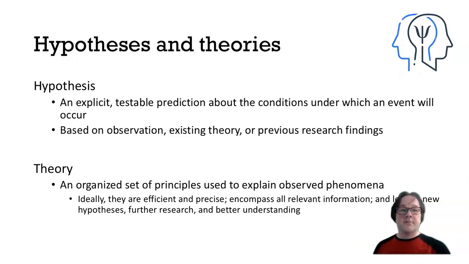So it's a testable prediction based on what you just see every single day, or what you see in terms of trends in the stock market or trends in public health figures or whatever it might be, some type of observation, or that might be based on existing theories, and again, on previous research findings. So hypotheses you can test. And they're essentially what you think is going to happen based on the results of prior studies, theory, or observations.